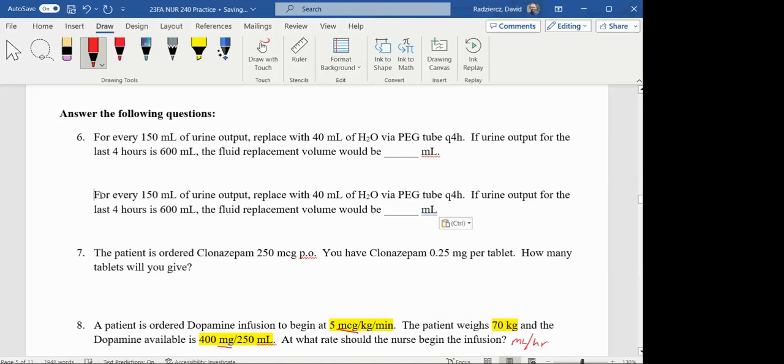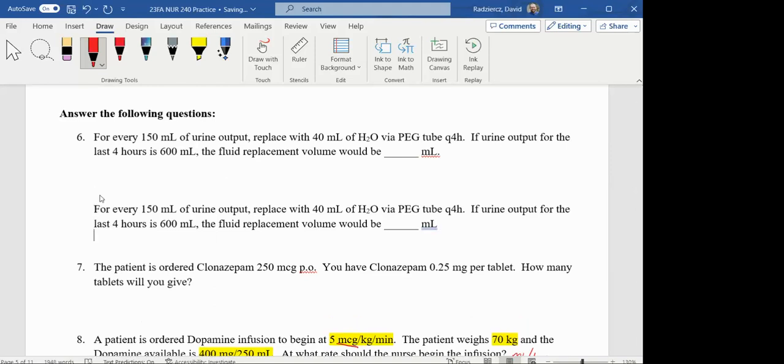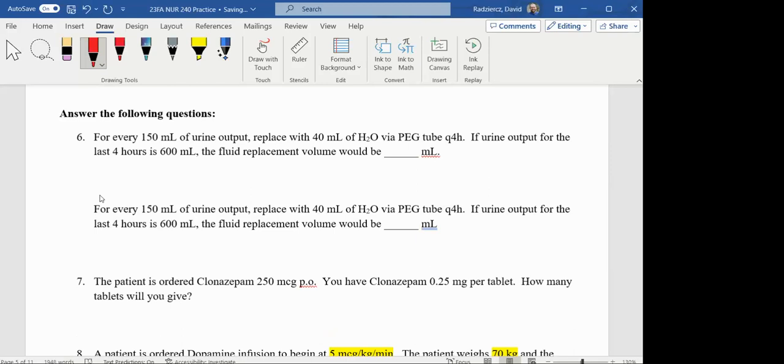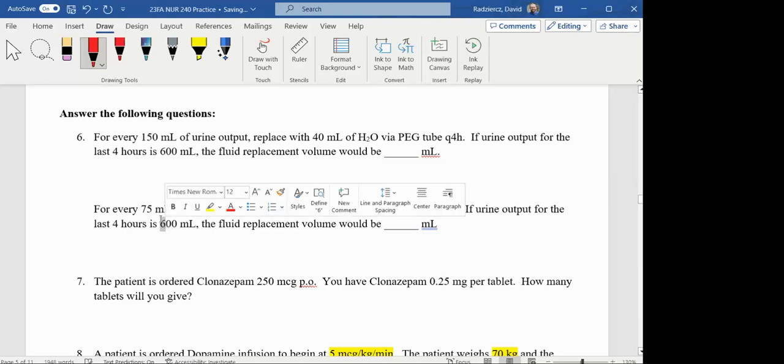The other issue is I may have made a separate question and didn't change the answer. So go ahead and tell me the variables again. Okay, so it's for every 75 mLs replaced with 30 mLs, and it's every 4 hours. And the output for the last 4 hours is 200 mLs.